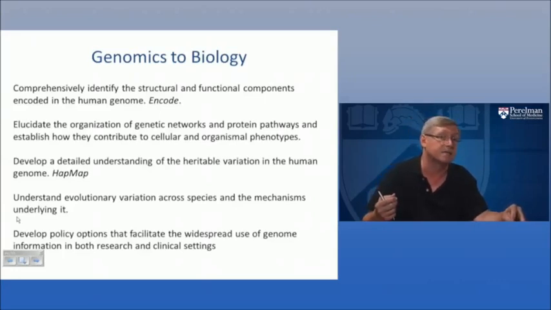So some of the other aspects of how the reference sequence would lead to improvements in understanding biology were the HapMap project, which was an effort to understand the variation in the human genome, an effort to understand variation across species and the mechanisms underlying variation, and of course the continuation of the ELSI project.